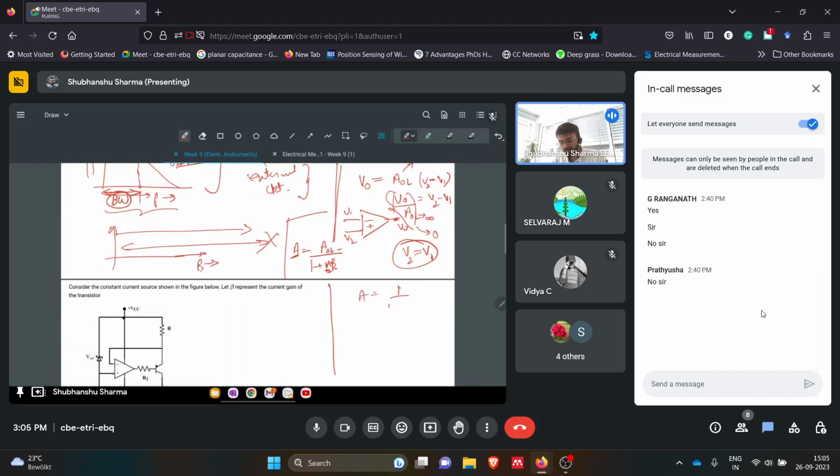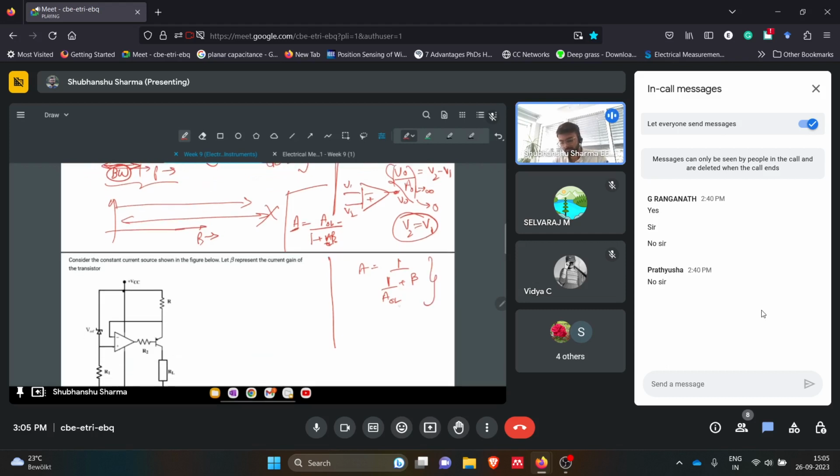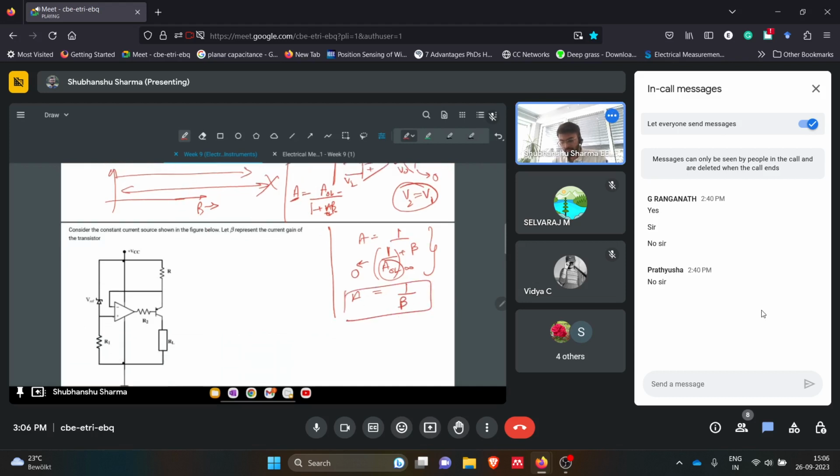I will rearrange this equation for ease of understanding by taking AOL common from the numerator and denominator. We get this expression. If AOL is infinite, this whole term will be zero, so the closed loop gain will depend only on the beta factor.